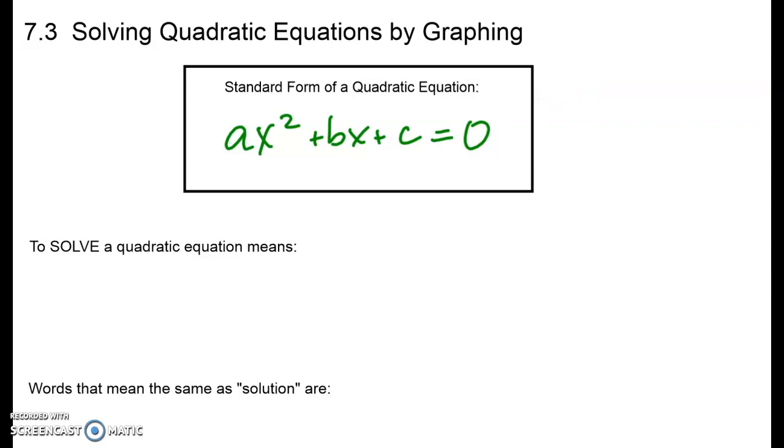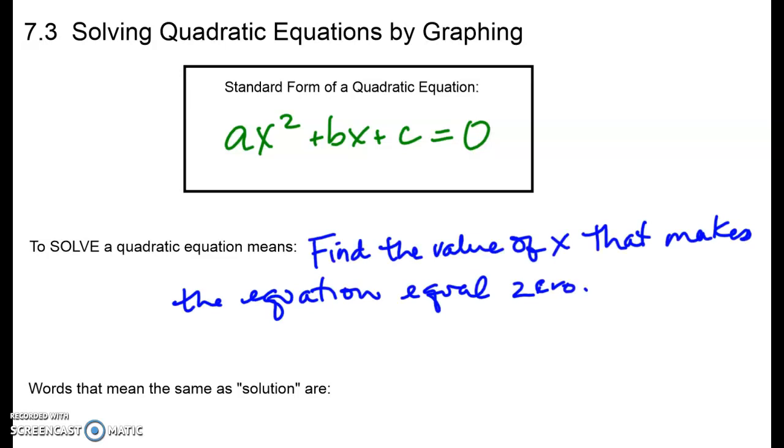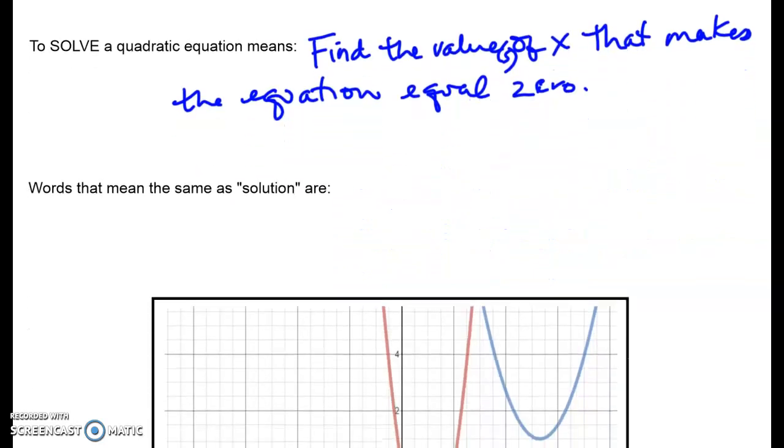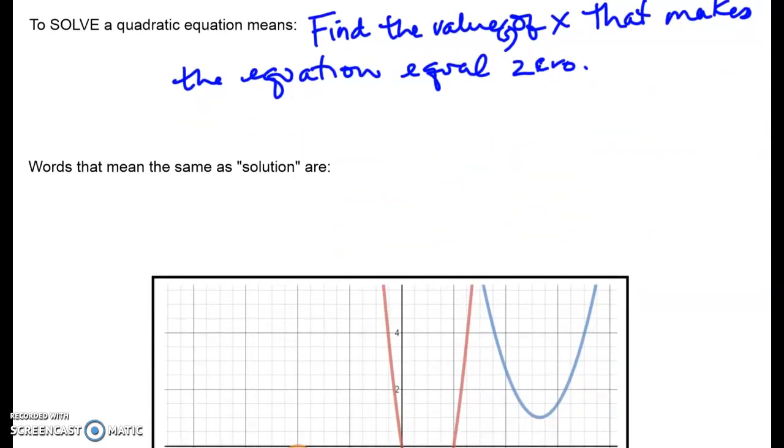All right, now, to solve a quadratic equation means what? To solve means to find the value or values, that should have an S on it, of x that make the equation equal to 0. What are some words that also mean solution? When we say solve, we mean find the solution. What are other words for solution? Well, we could say roots.